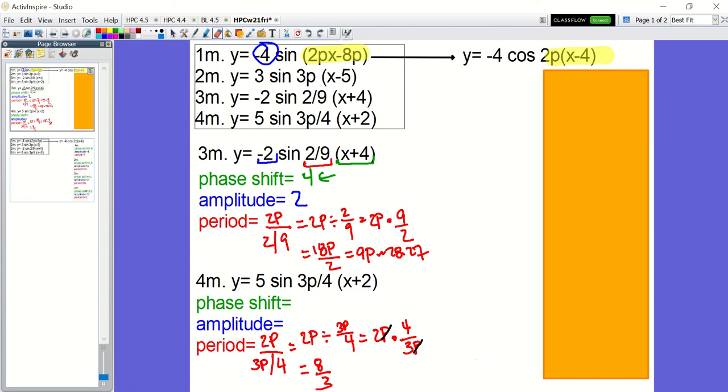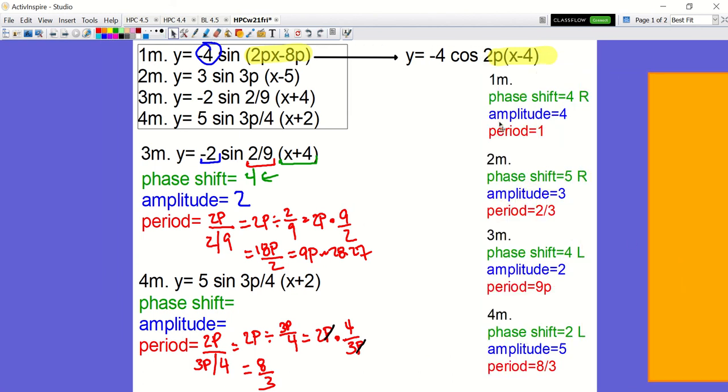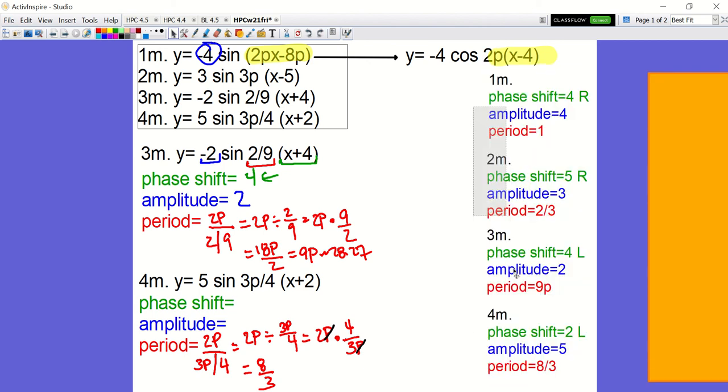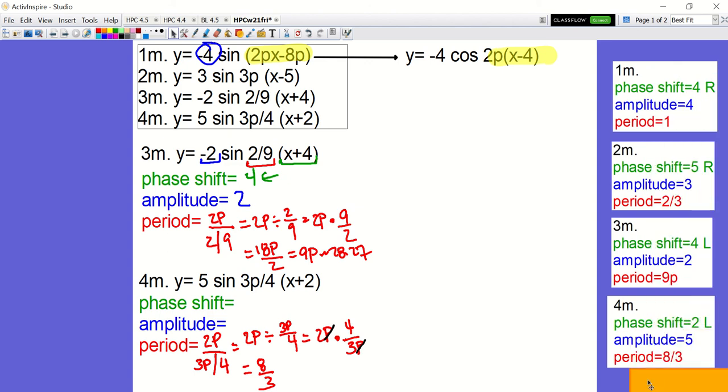So here are your answers for the phase shift and amplitudes here. And let's graph these. Okay, so watch this. Let's graph number 3m. And let's just, might as well fill these in.